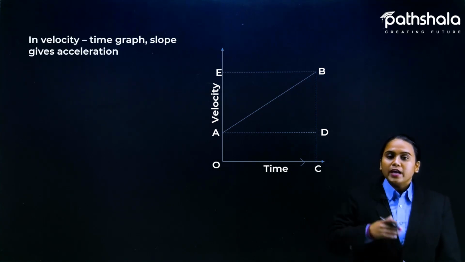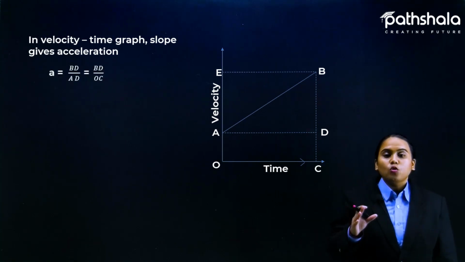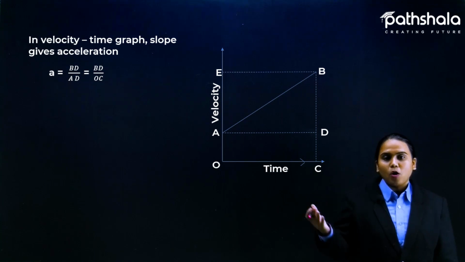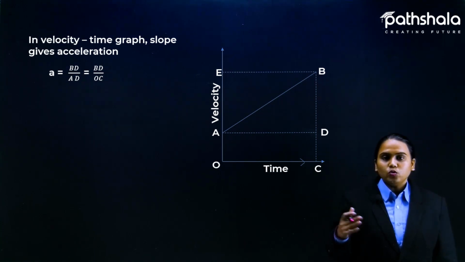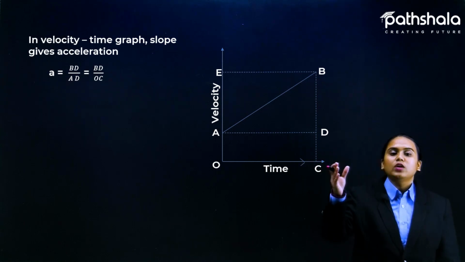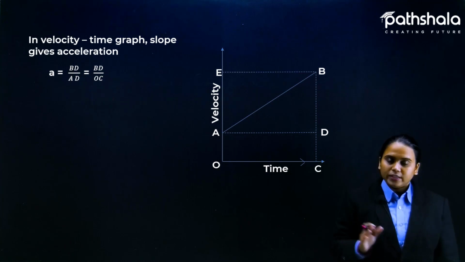So in the velocity-time graph, the slope gives you acceleration, so we can say that A is equal to BD upon AD, which is equal to BD upon OC. The AD part can be replaced by OC, because these two lines AD and OC are parallel to each other. Fine, no problem in that.